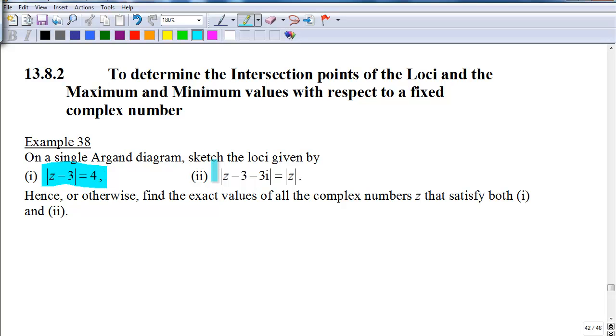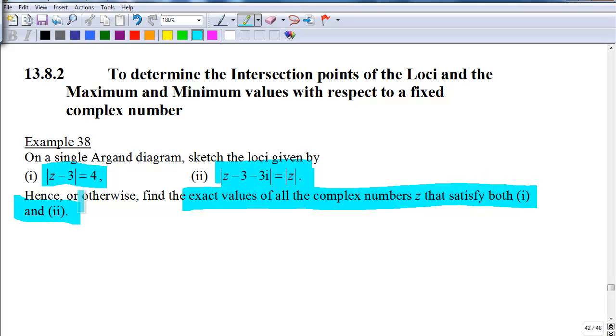Then you're asked to sketch the second locus, mod z minus 3i equals mod z. This is a perpendicular bisector of the points 3i and the origin. Then they want you to find the exact values of all complex numbers that satisfy both loci.